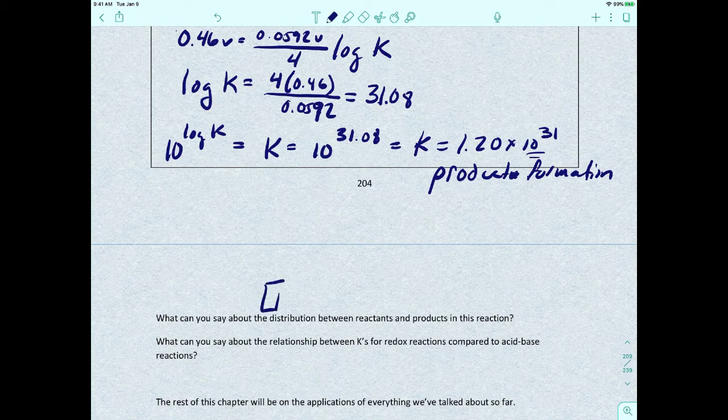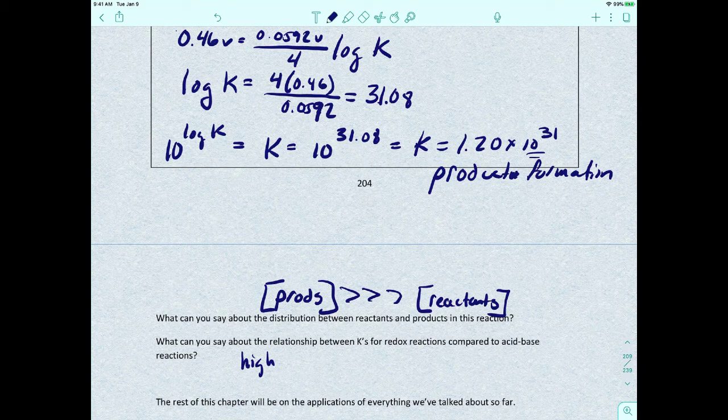We can say that the concentration of products is going to be much, much, much greater than the concentration of the reactants. Okay. And then what can we say about the relationship between Ks for redox reactions compared to acid-base reactions? They're going to be pretty high compared to acid-base reactions.